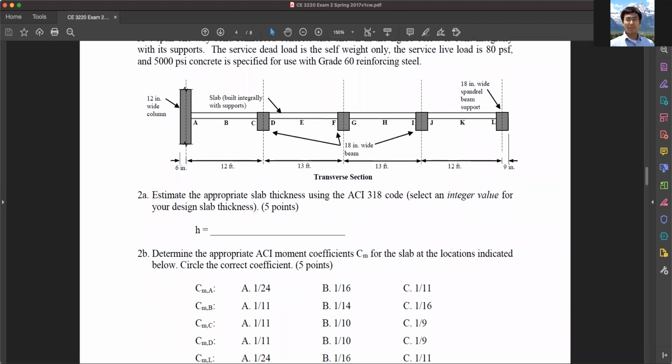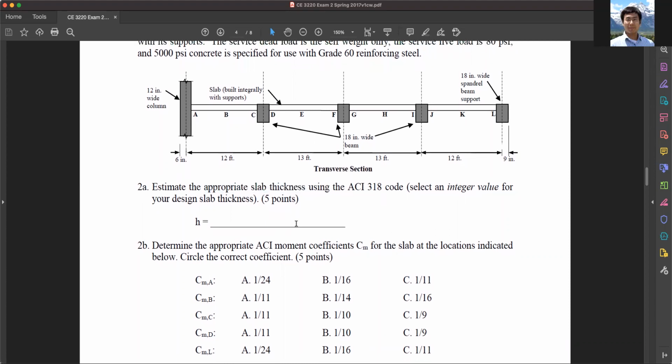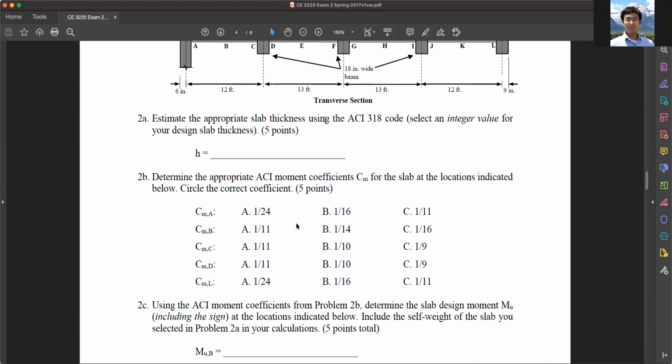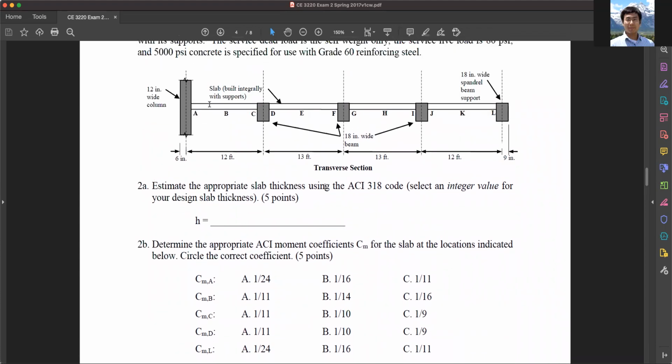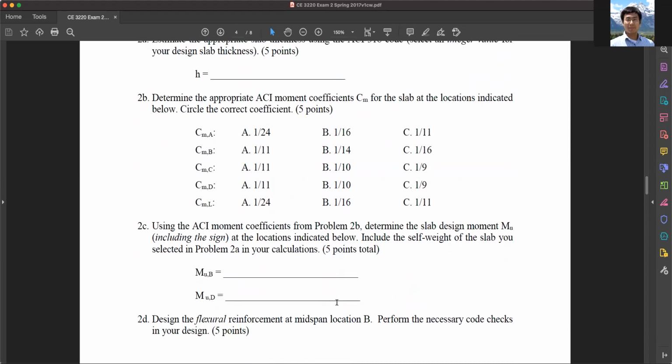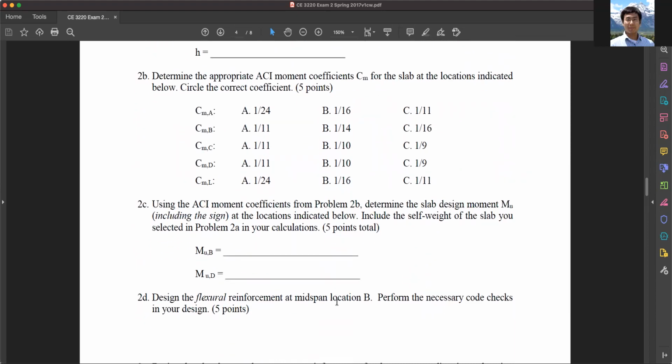Estimate the appropriate slab thickness using the ACI 318 code. We have talked about this in the lectures, and you can find the equation for it. 2B, determine the coefficient at A, B, C, D right here. Which coefficient to use, just take a look at the lecture notes. There's a table, knowing which row to follow, you can find the corresponding coefficients.